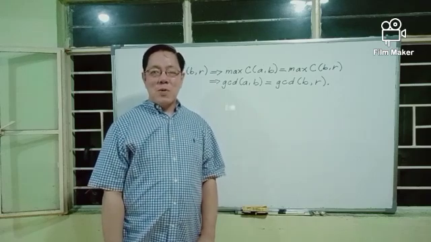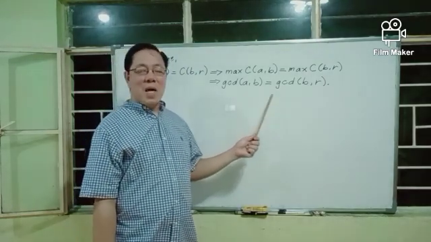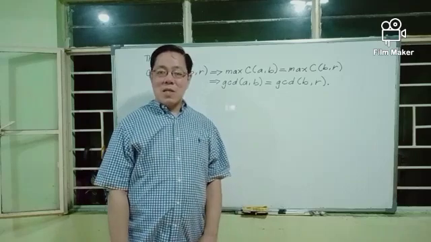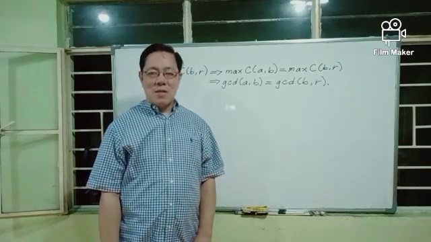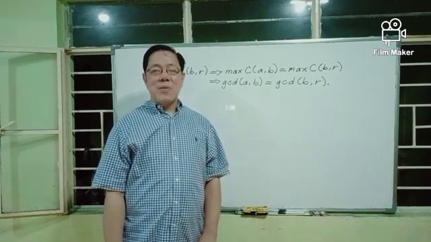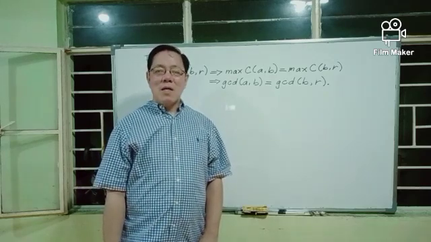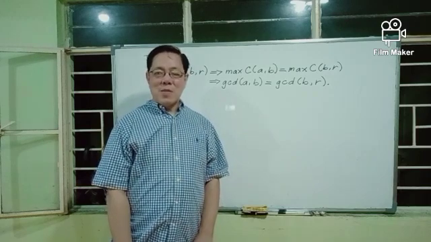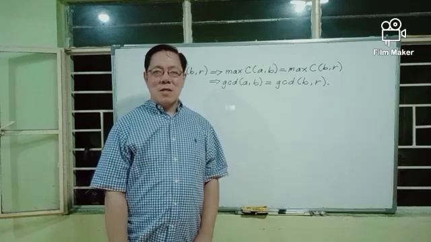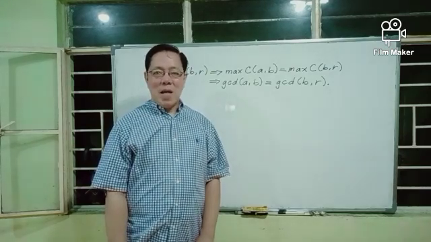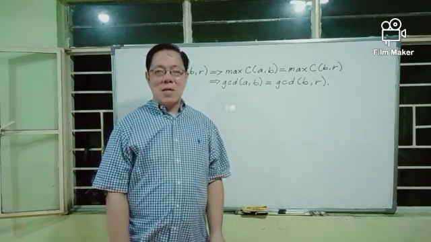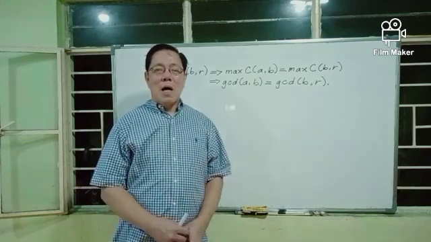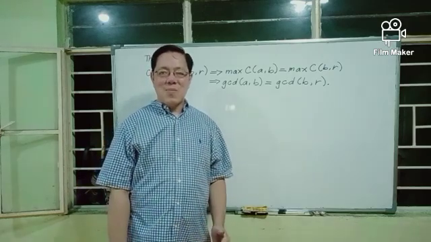The process we have used for showing that the greatest common divisor of A and B equals the greatest common divisor of B and R, in case 3 where A is greater than 0, B is greater than 0, and A is greater than B, is applied repeatedly, and this process constitutes what is known as the Euclidean algorithm. We now apply the Euclidean algorithm to find the greatest common divisor of the following pairs of positive integers.